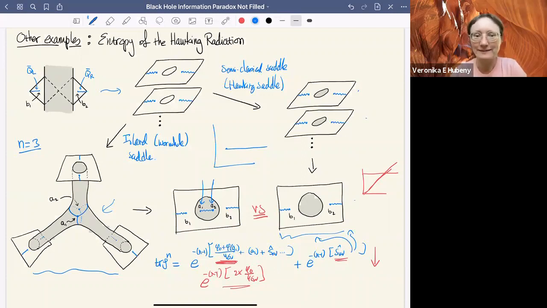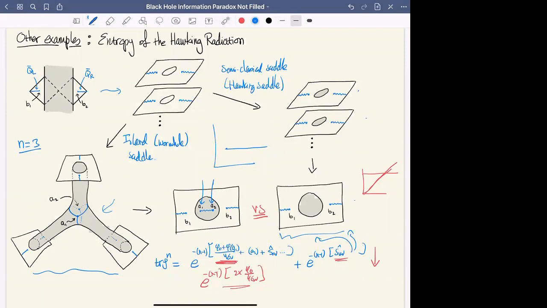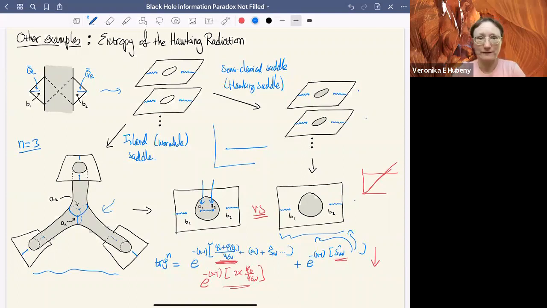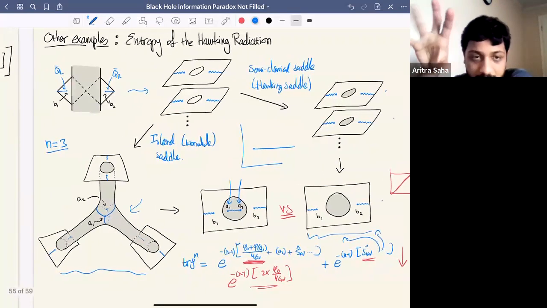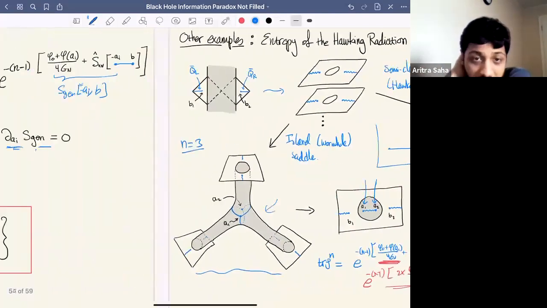I guess Aritra. Yeah. So can you hear me? Yes. Okay. So I'm still having difficulty trying to understand why, at the very beginning, your point A ended up being inside the gravity region.